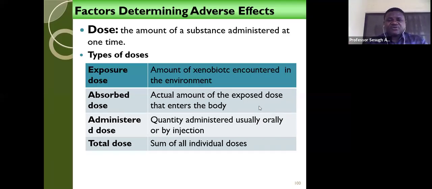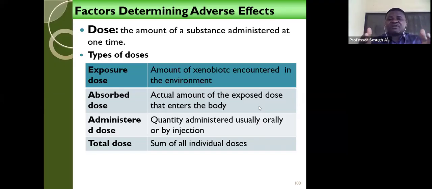And then you have the absorbed dose. The absorbed dose is the actual amount of the exposed dose that enters the body. You may be exposed to a certain quantity of it, but not all of it will get into the body. It is like differentiating between bioavailability and bioaccessibility.